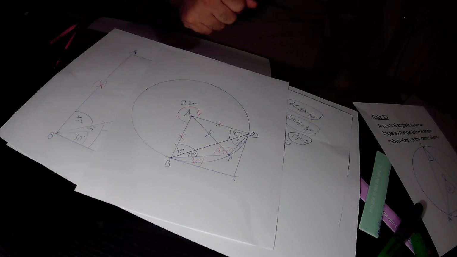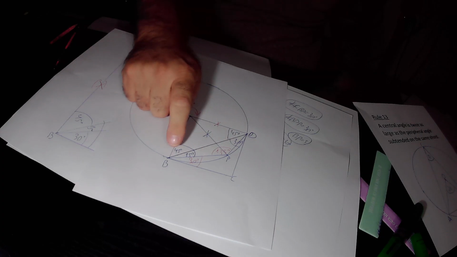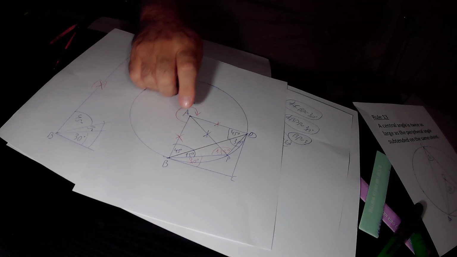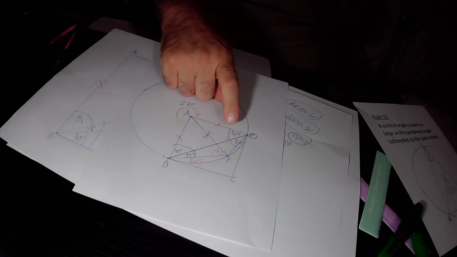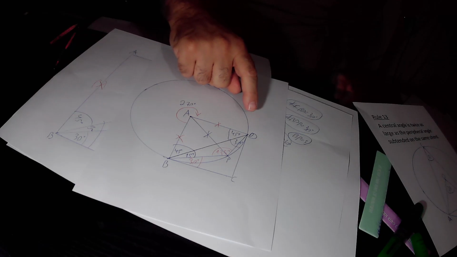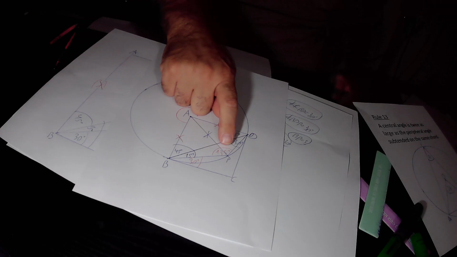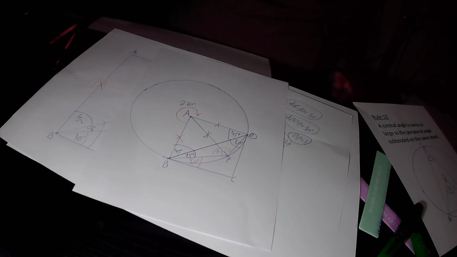So DPB is a peripheral angle, and therefore point P must lie on the circle itself.